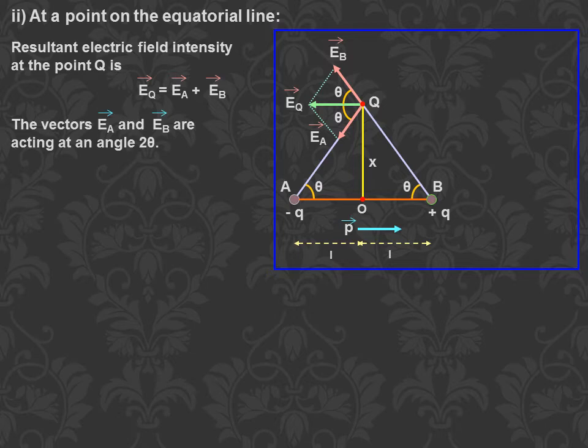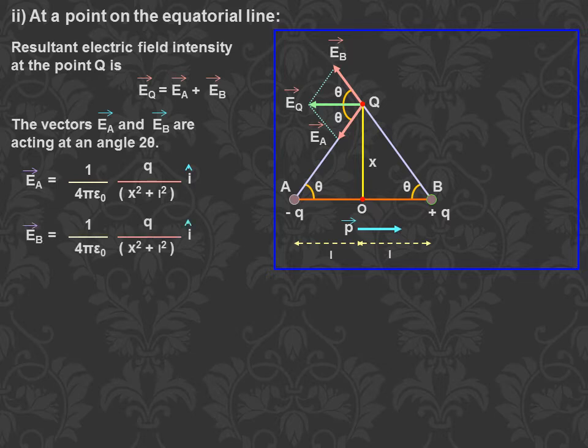The vectors EA and EB are acting at an angle theta. We can easily find the magnitude along with the direction. The electric field intensity EA is given as 1 upon 4 pi epsilon naught, q upon x square plus L square, along the direction of x-axis, due to which we get i cap.